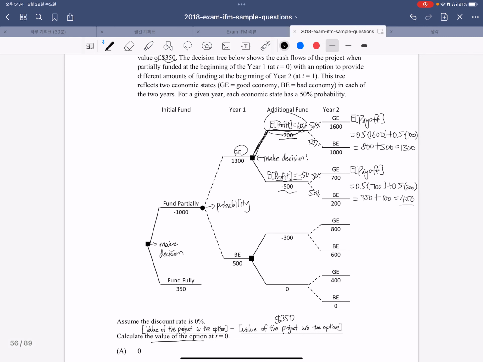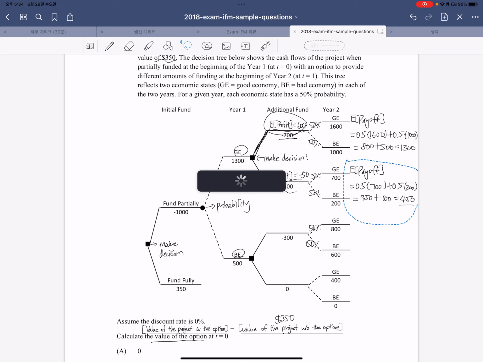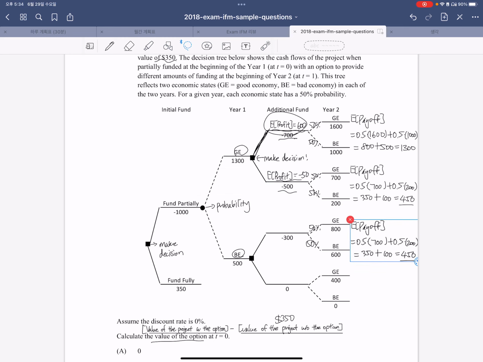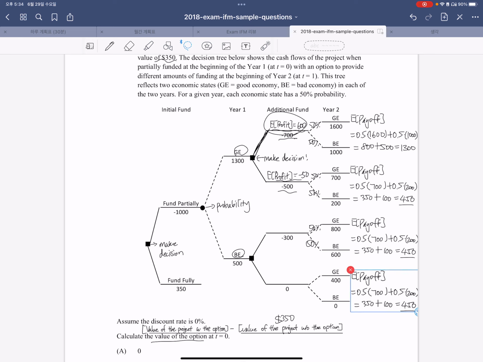Okay, let's suppose that we are in a bad economy and calculate the expected profit for the down node and the nodes below. All right, this is the same structure as well. We have 50% chance of being a good economy or bad economy, so we want to calculate the expected payoff. I'll just copy and paste this structure one more time. The numbers will be slightly different, but the structure is the same.